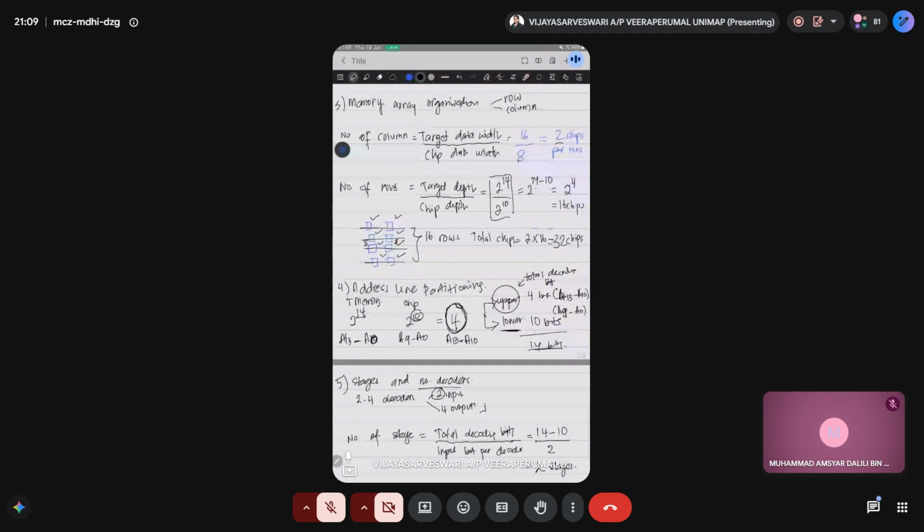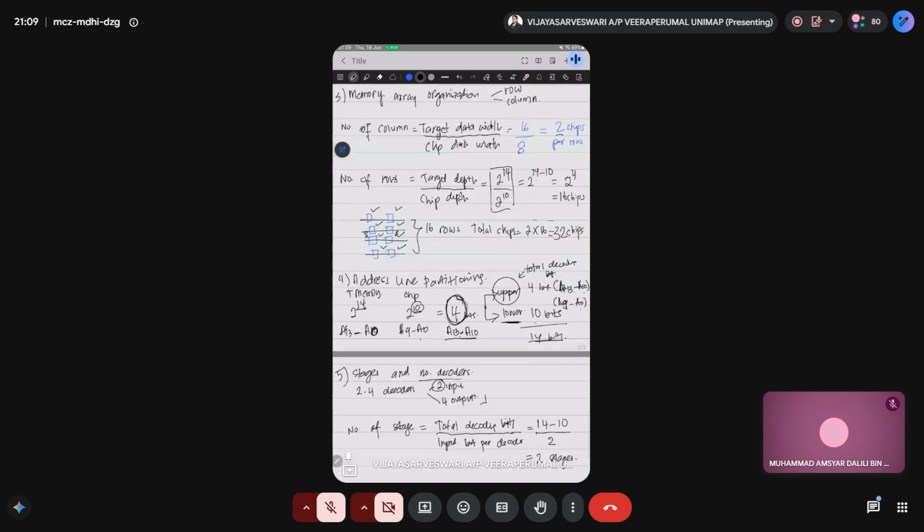For your chip, A9 to A0 is the 10 bits. So the remaining is 4 bits, which is A13 to A10. That's why your upper part is A13 to A10 and your lower part will be A9 to A0.